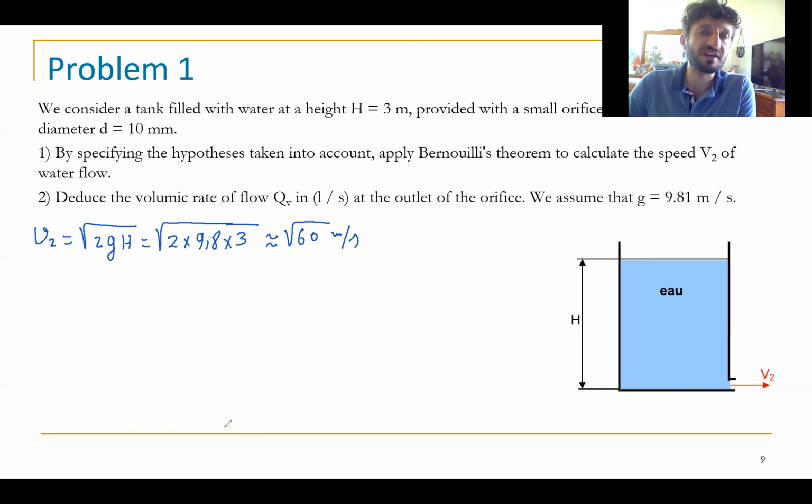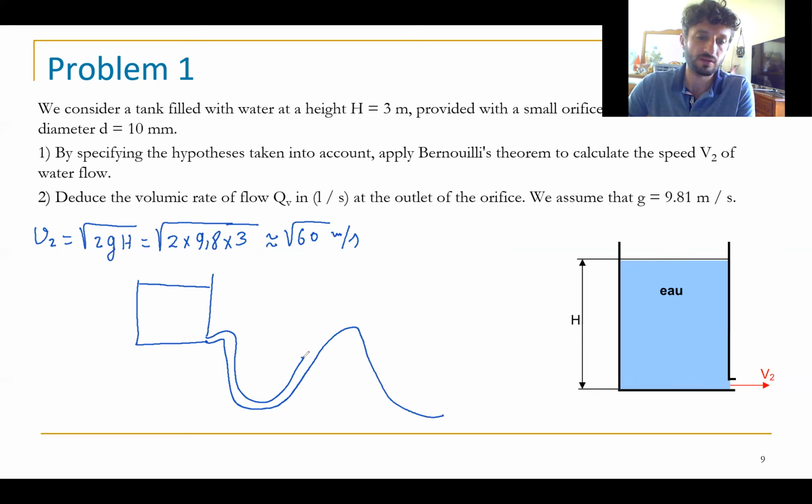I tell you something: for any large system like this example, the velocity at the outlet can be at this point, or we can have an installation with a configuration like this, where the outlet will be at this point.